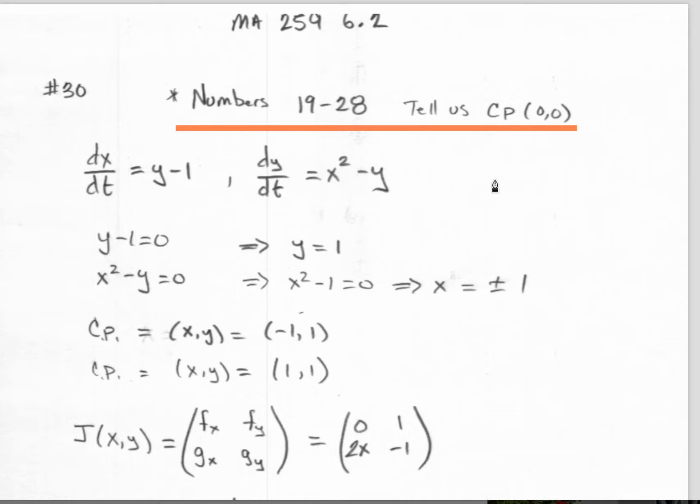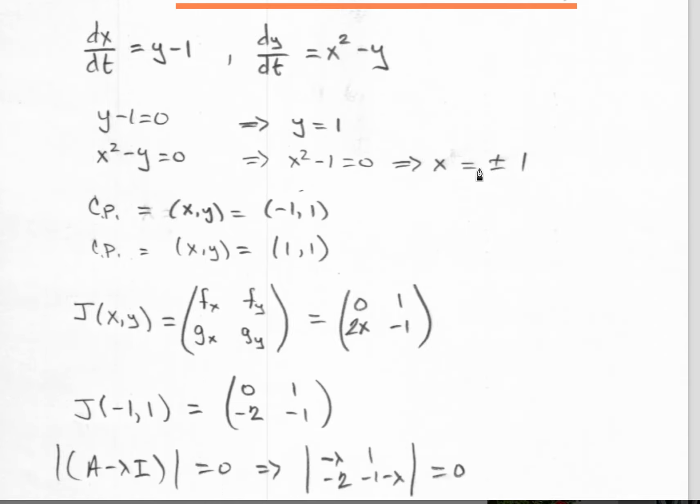So number 30, we have this differential equation, dx/dt equals y minus 1, and dy/dt equals x squared minus y. Now the first thing I want to point out is that this is not a linear differential equation, right? This is something else.